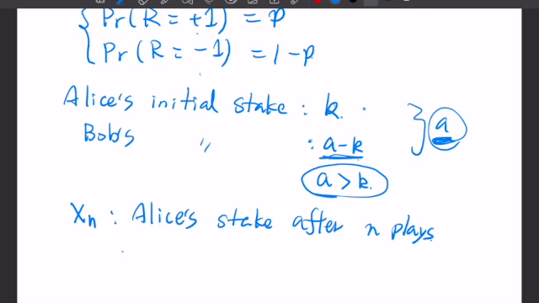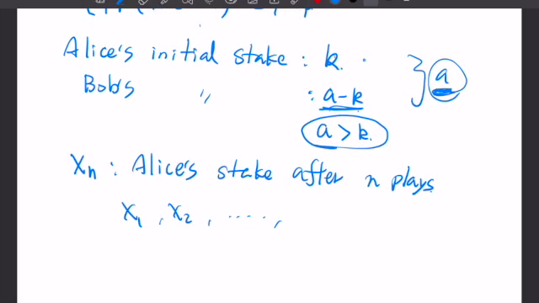So for example, X_1 is the amount of money Alice has after the first play, and X_2 is the amount of money Alice has after 2 plays, and so on. So when X_n is 0, then the game is over.